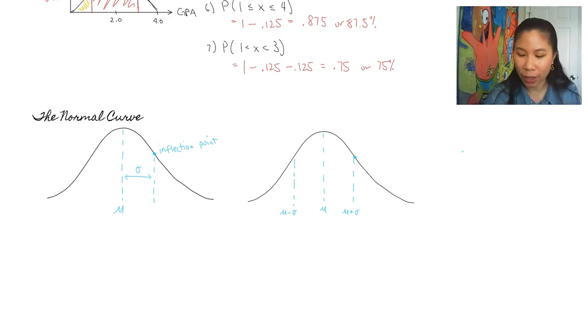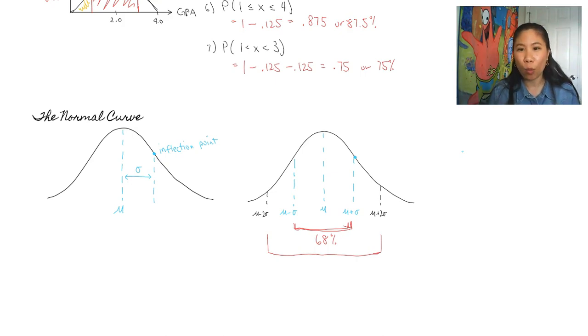So if I added a standard deviation to the mean and got to this distance here, and I subtracted one standard deviation from the mean and got this distance here, then everything in between covers a very specific percentage. So everything in between one standard deviation includes about 68% of the data.